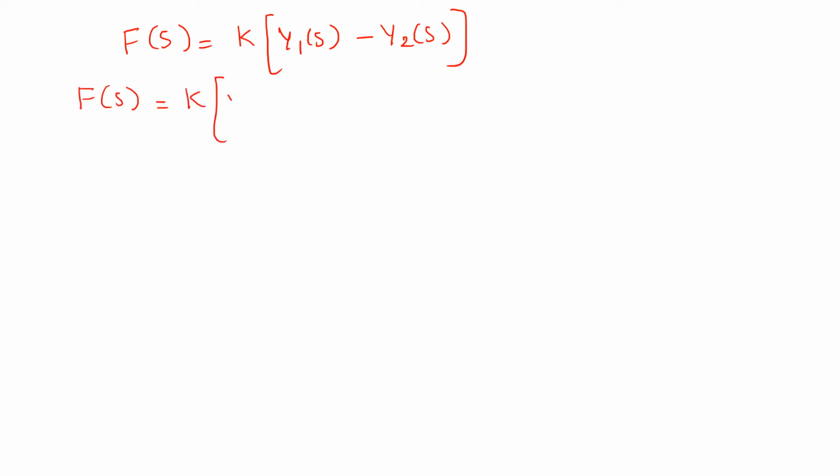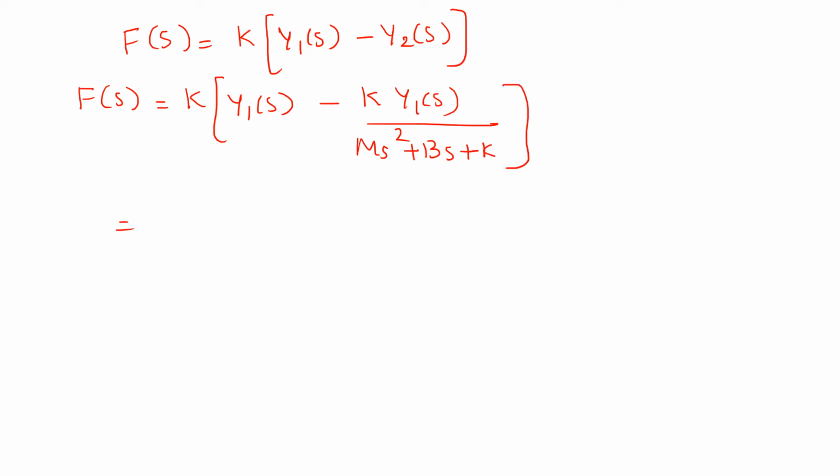Equation 3 is f of s is equal to k into y1 of s minus y2 of s. So substitute for y2 of s. So f of s is equal to k into y1 of s minus k into y1 of s divided by ms square plus bs plus k.